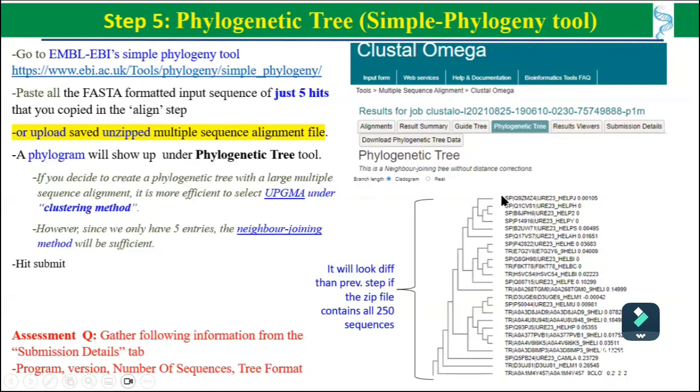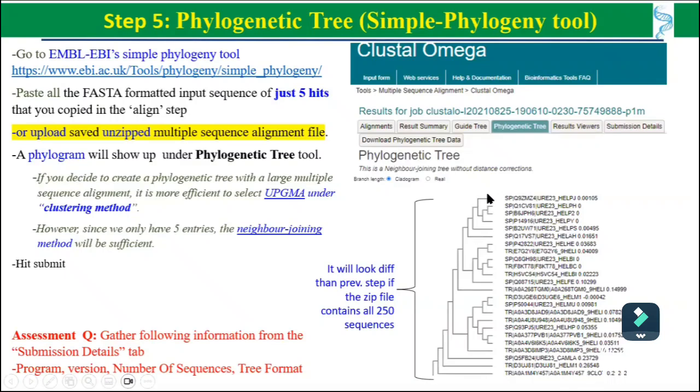It means this protein that you're seeing here is more related to these 2 proteins. This one, if you look at here, is more related to these 2 proteins. And this protein is very closely related to this one.